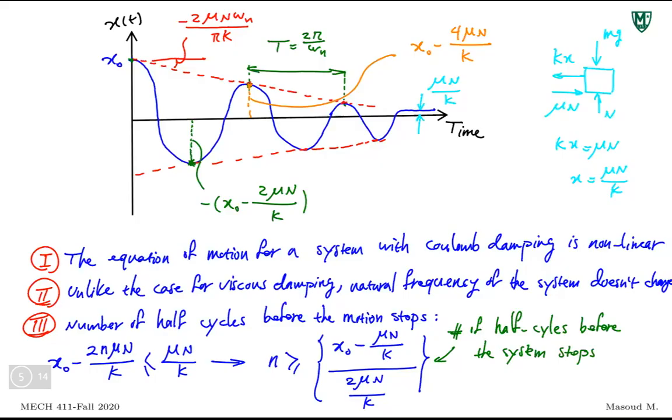So the amplitude reduces linearly. It's not like what we had for viscous damping, where the amplitude was reducing exponentially. So let me just put it here. The amplitude reduces linearly.